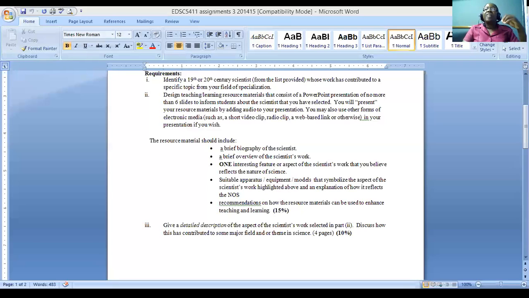In terms of explaining how it reflects the nature of science, I could do it in different ways. I could have that initial periodic table juxtaposed against a modern periodic table and talk about the tentative nature of science. That's one.